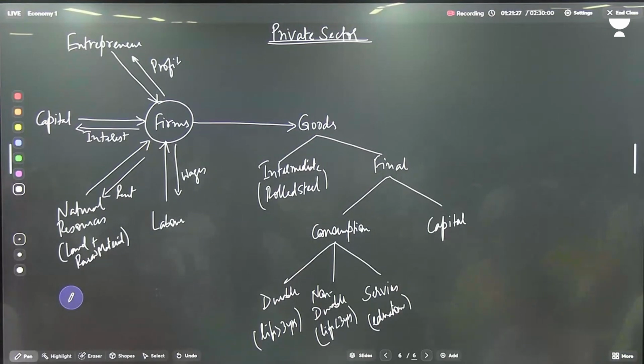Whatever the entire class is saying doesn't matter. ठीक है. If you think your concept is correct, fine. So you apply your logic and tell me. You have got 30 seconds. This electricity which is coming here, whether it is intermediate or final. So how many of you think this electricity is final?